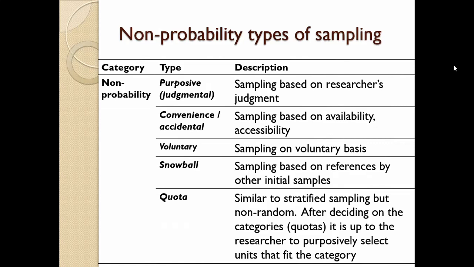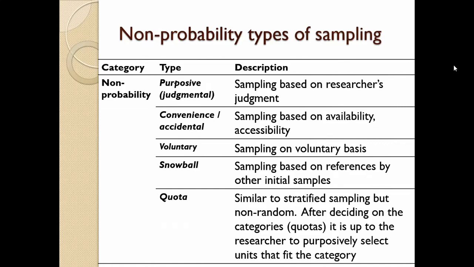So take an example: you want to study doctors or traditional birth attendants. These may know each other, and therefore when you select one respondent or one unit, then that respondent can help you to refer to other respondents that may be difficult to find.